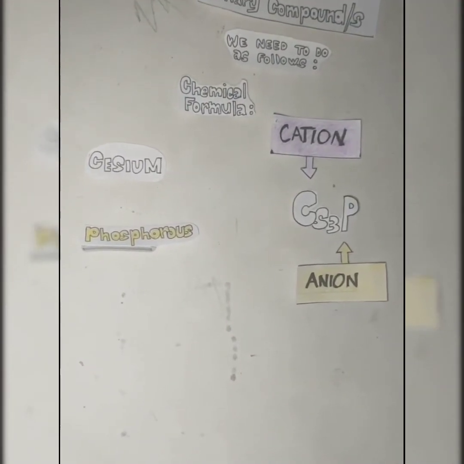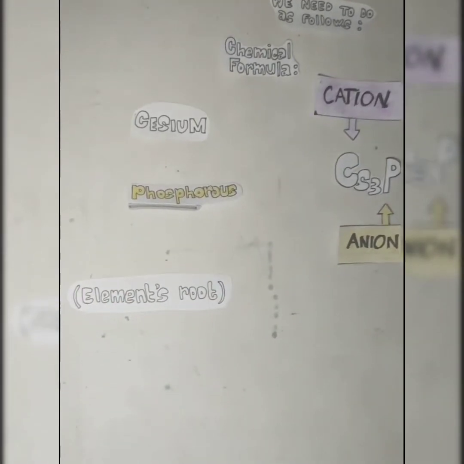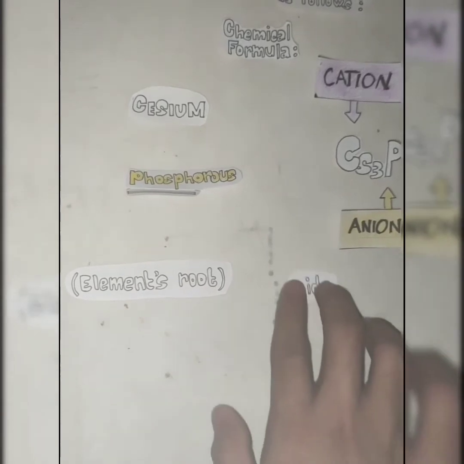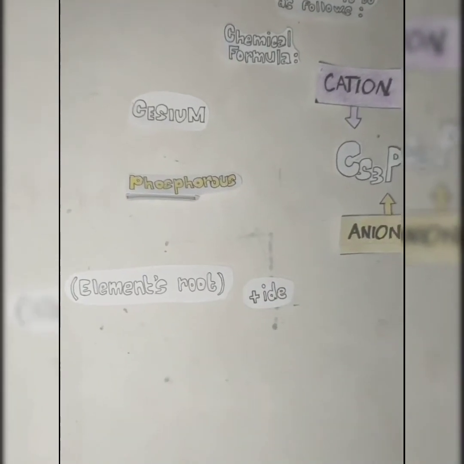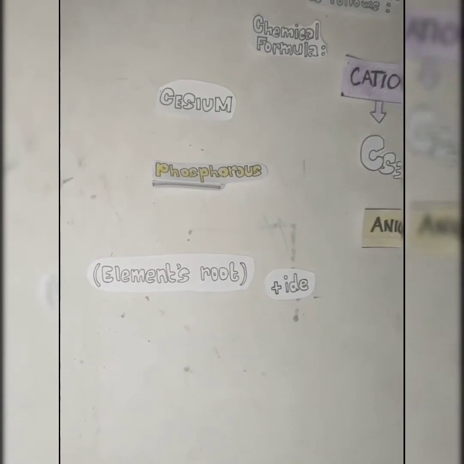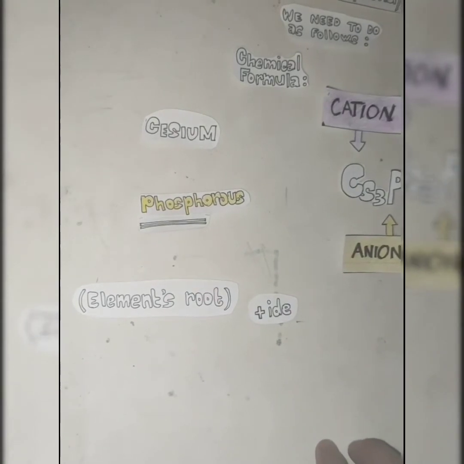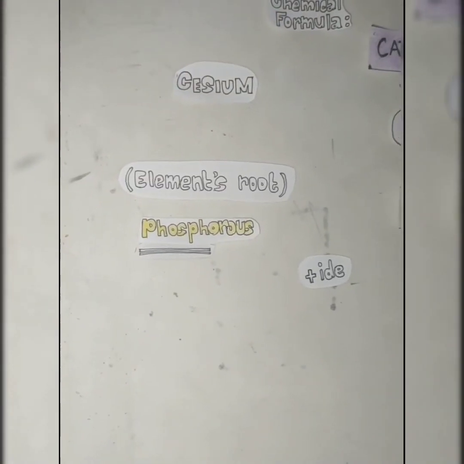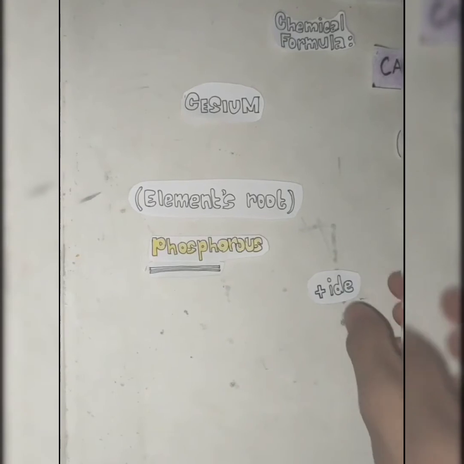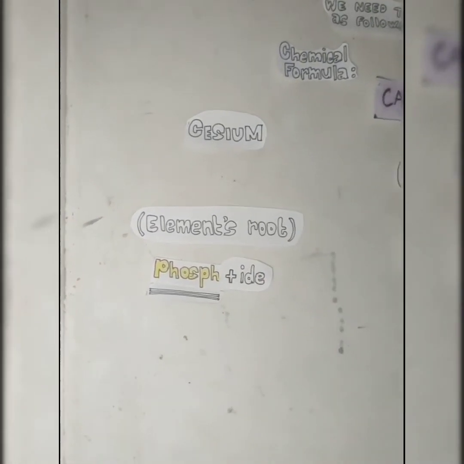In naming the anion of a compound, we need to get the element's root plus IDE. In this case, the element's root of phosphorus is phos. Now we know the element's root of phosphorus. All we need to do is to add IDE.